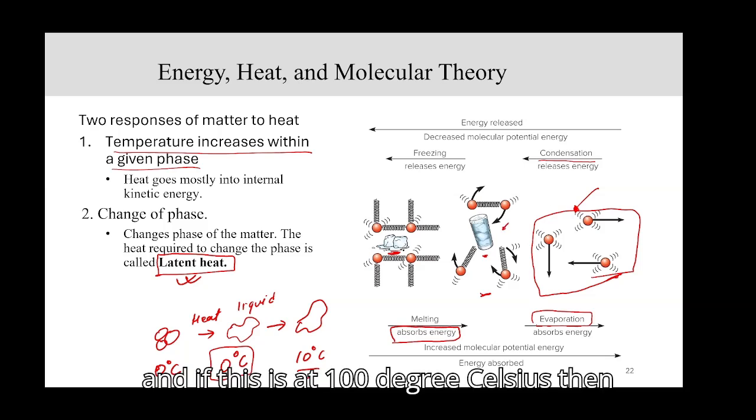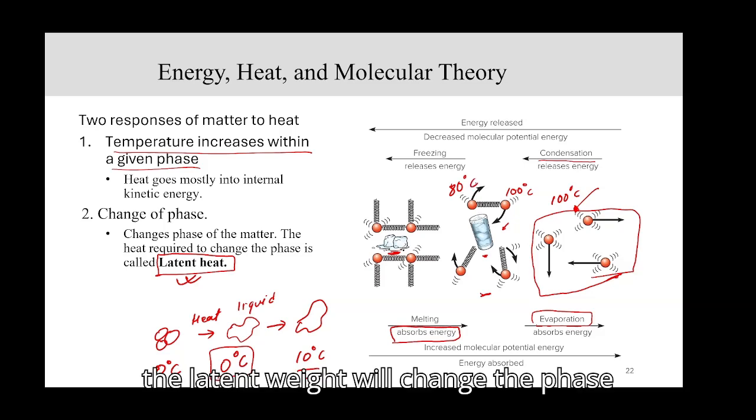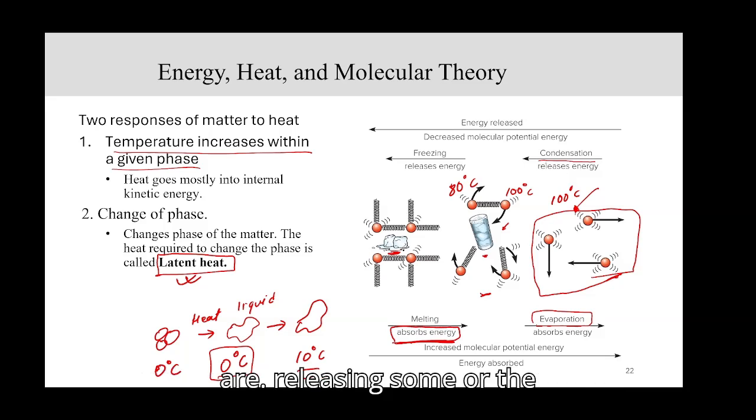And if this is at 100 degrees Celsius, then the temperature of the liquid will be 100 degrees Celsius as well, and if you keep removing the energy, then gradually it will decrease the temperature. So first, the latent heat will change the phase without changing temperature, whether we are applying some energy or the system is releasing energy.